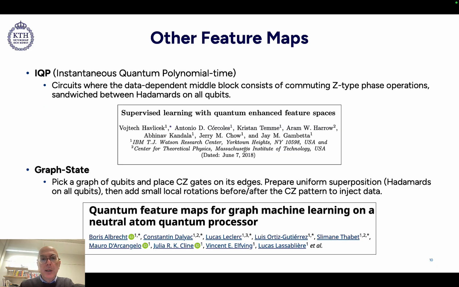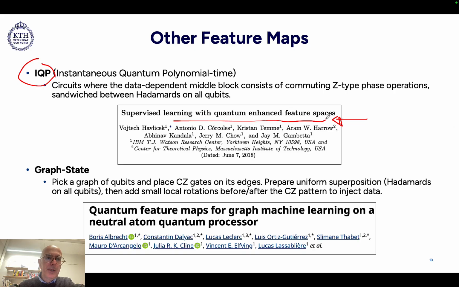There are also other feature maps that you might encounter during your study. There is a very famous one called IQP, which stands for Instantaneous Quantum Polynomial-time feature maps, and it is the one used in this seminal paper introducing also the quantum support vector machine, supervised learning with quantum-enhanced feature spaces.